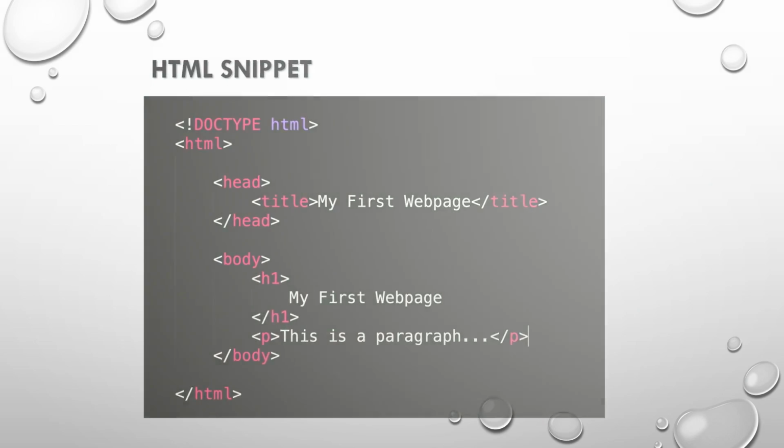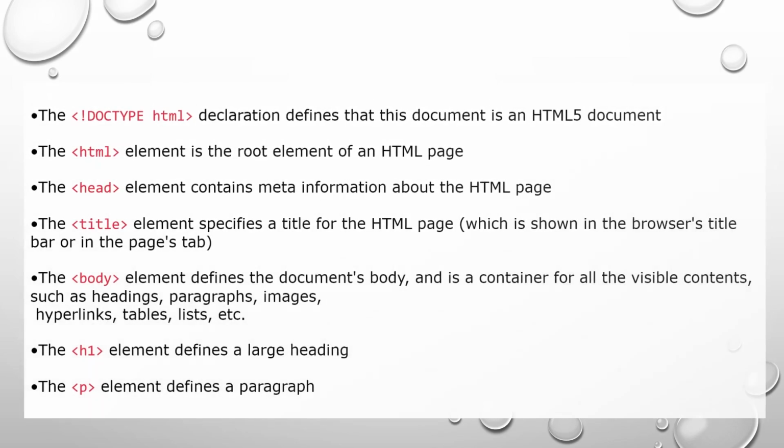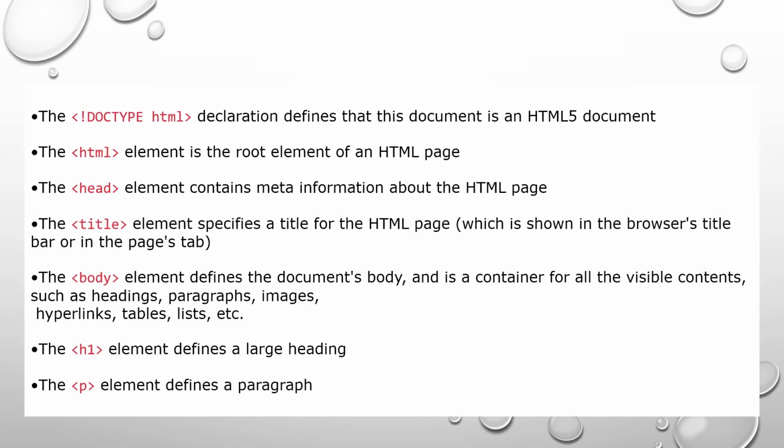Now let's move on to the body. And the body defines the document's body, and it's a container for all the visible contents such as headings, paragraph, images, hyperlink, tables, lists. We have so many of them. So all the visible items that you see on a website are included in the body tag.